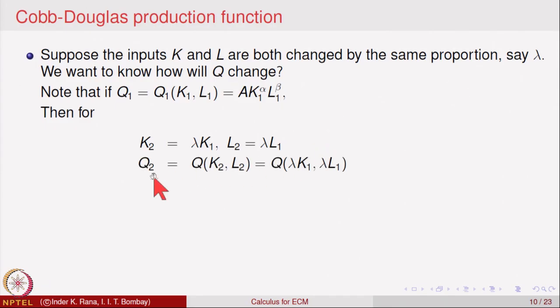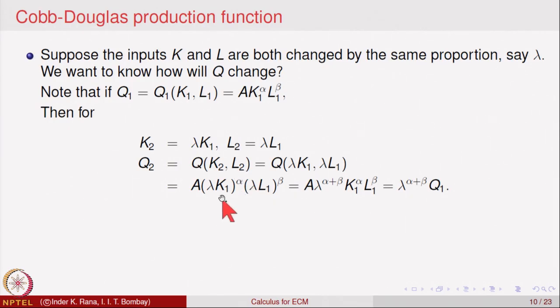So, with this, what is Q2? This was Q1. So, Q2 is Q of K2, L2, that is Q of lambda K1, lambda L1, because K2 is lambda of K1. You put the values here: it is A times lambda K1 to the power alpha, lambda L1 to the power beta, because Q is A K raised to the power alpha, L raised to the power beta.